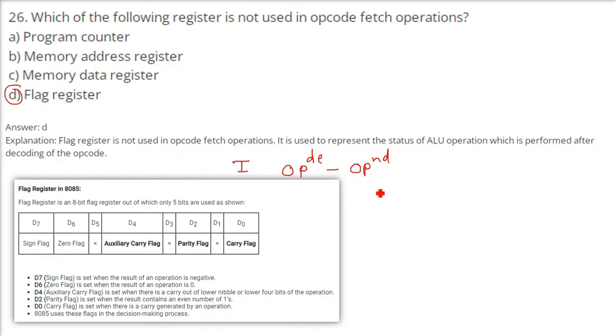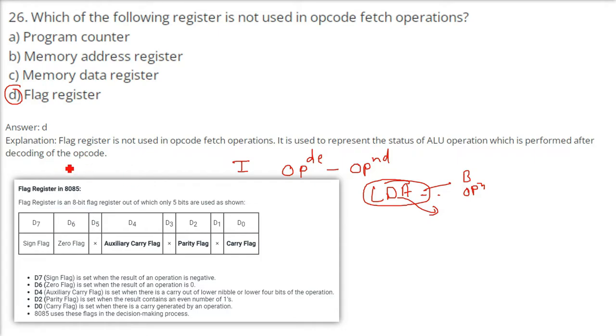This flag register is used to represent, for example, when some operation like LDA is there, the status of the arithmetic and logic operation which is performed after decoding the opcode. Once the opcode is decoded, then it is done. For the fetching operation, flags won't be used.